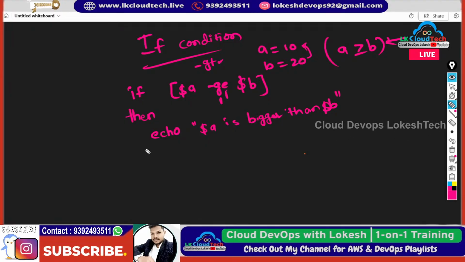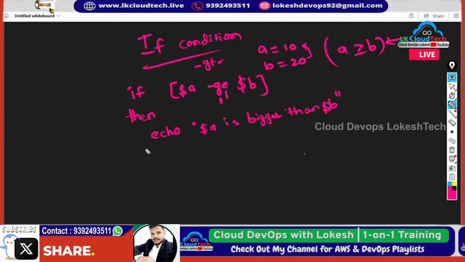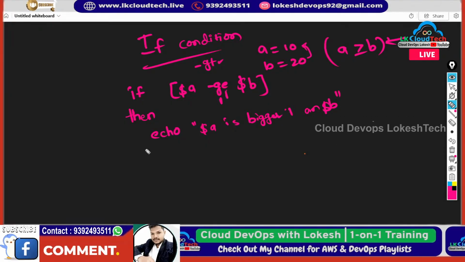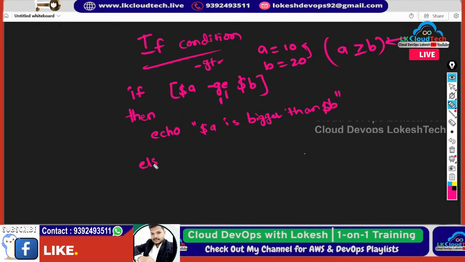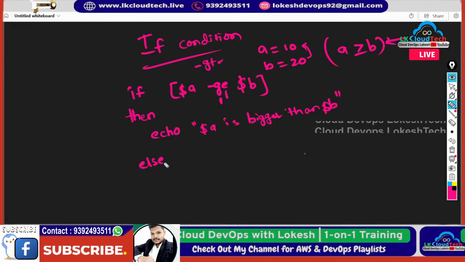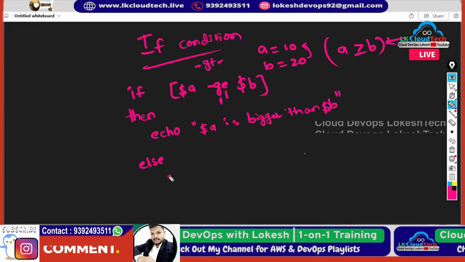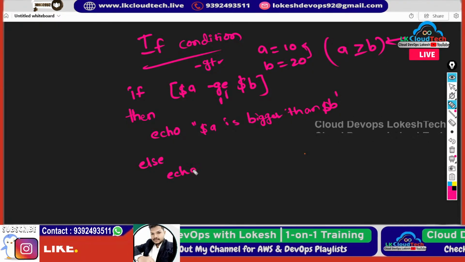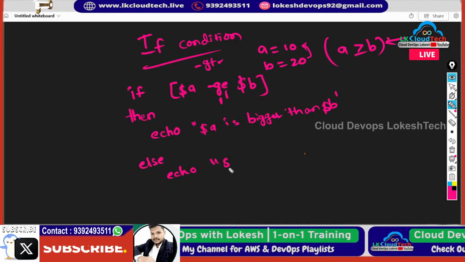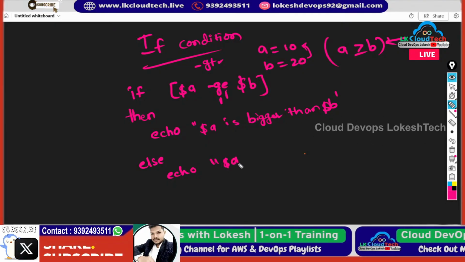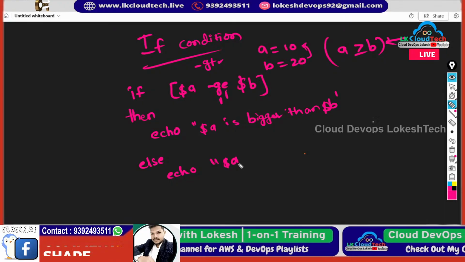So the first statement I am writing like this: else echo $A is smaller. I don't know where I am writing. It is not showing properly, there is some latency.